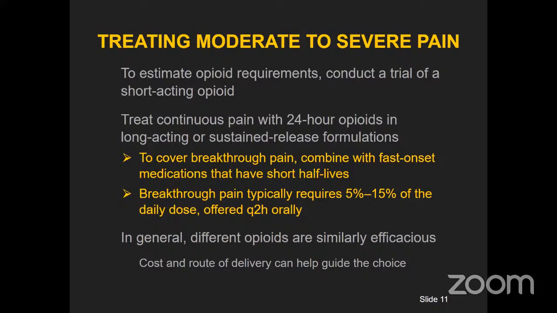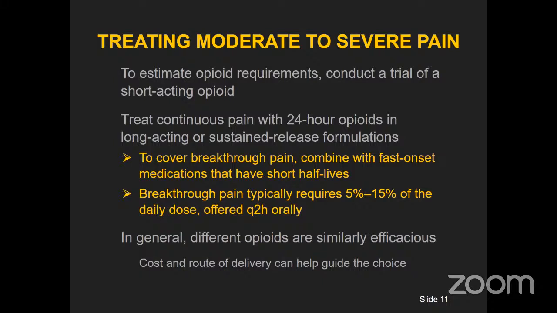I'll continue talking about treating moderate to severe pain. To estimate opioid requirement, conduct a trial of short-acting opioids. Treat continuous pain with 24-hour opioids, in long-acting or sustained-release formulation.